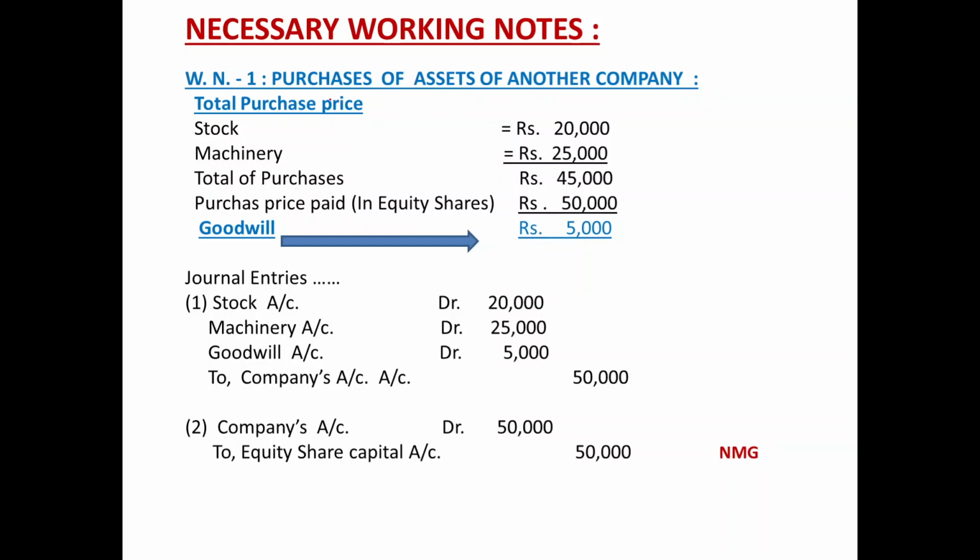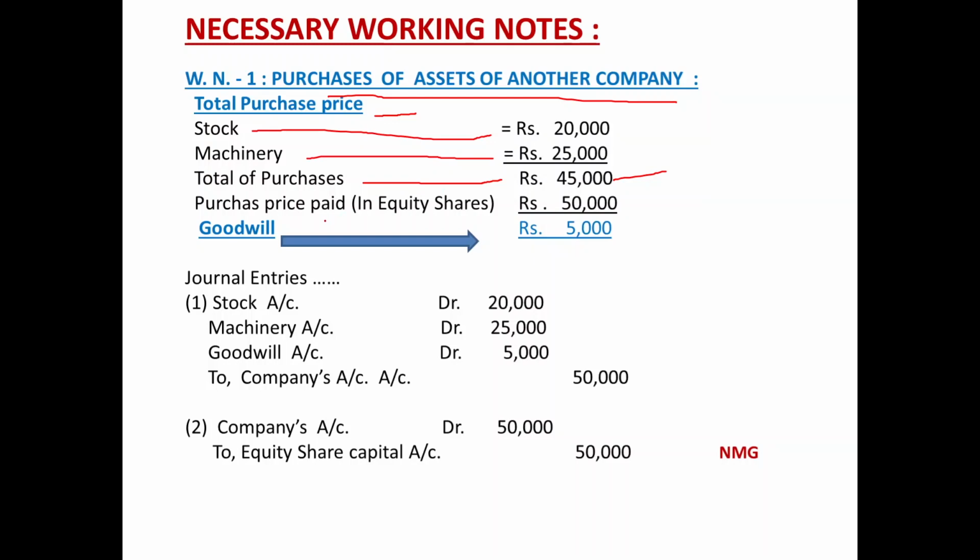Working note number 1. Purchases of assets of another company. Let us decide the total purchase price. Two assets have been purchased, namely stock, rupees 20,000, machinery, rupees 25,000. That gives the total of these two assets, 45,000.